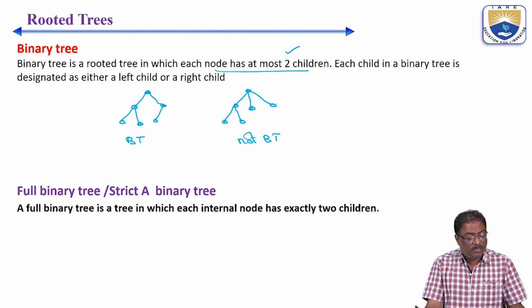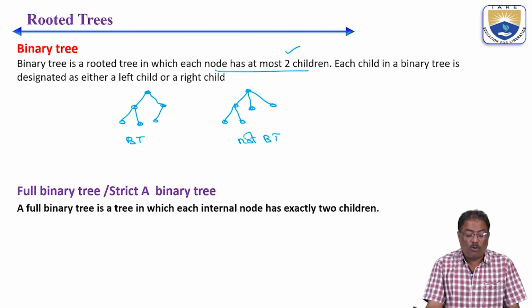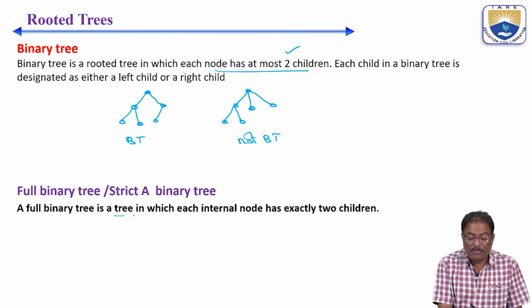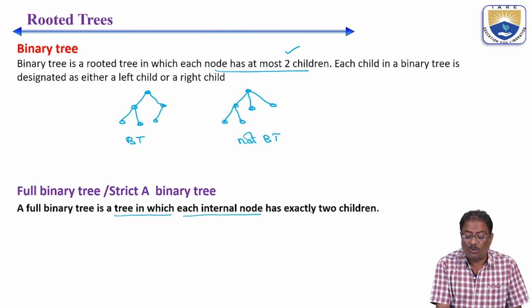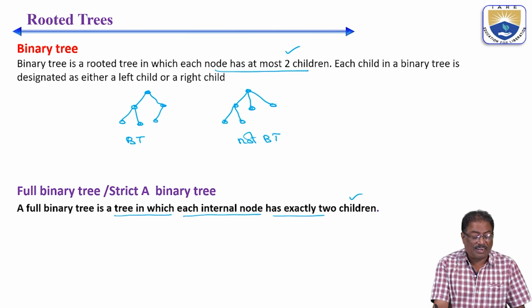Now, the next one is the full binary tree. What is meant by a full binary tree? A full binary tree is a tree in which each internal node has exactly two children. Suppose I consider a tree like this, where each internal node has exactly two children.